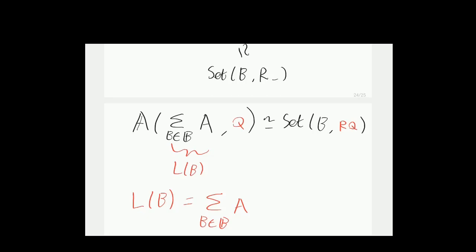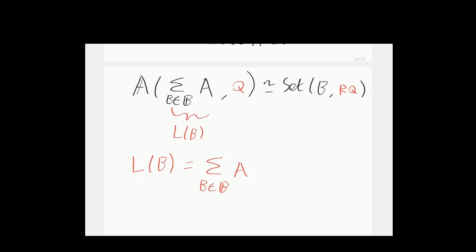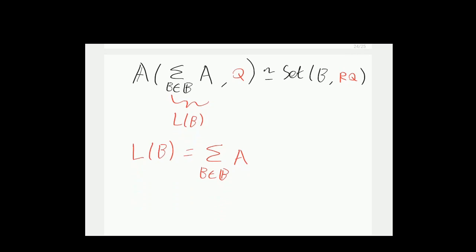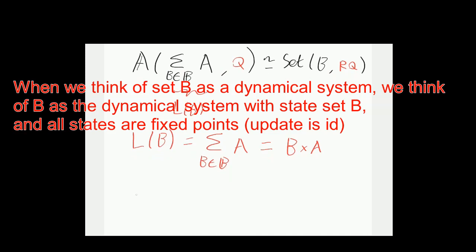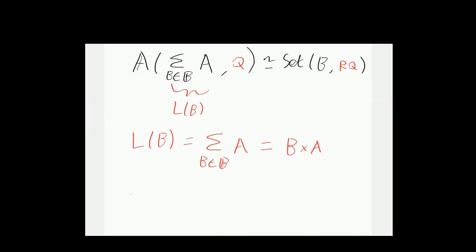Now, let's just unpack this a bit more for the case of dynamical systems. So for dynamical systems, it turns out we can go even further. It turns out actually, in that case, we can write this even more simply as just B times A. And so what we end up with is that in the case of dynamical systems, because it has products as well, and the way that products work, we have that this kind of thing holds.